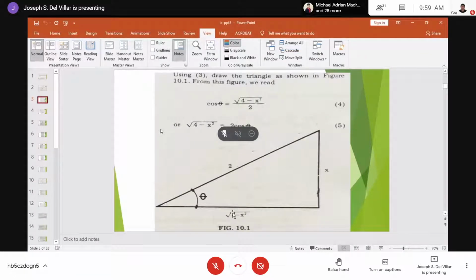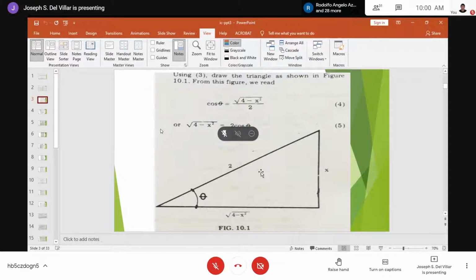Using the Pythagorean Theorem, this is the square root of the hypotenuse squared minus x squared. So this is the square root of 4 minus x squared. So this is now the figure.